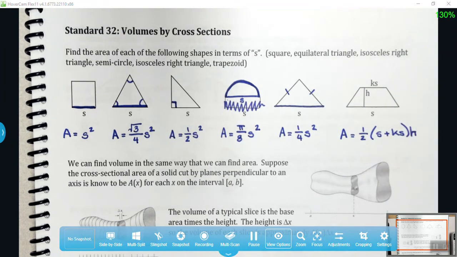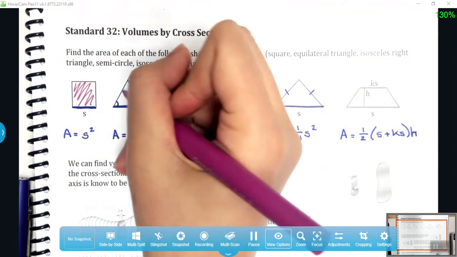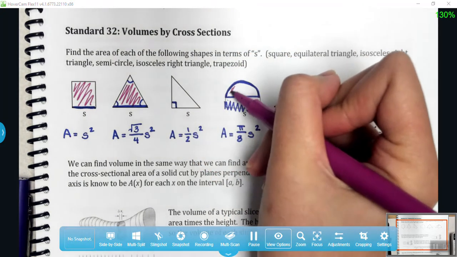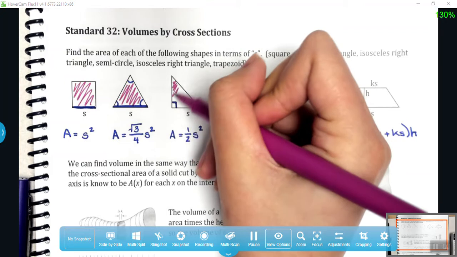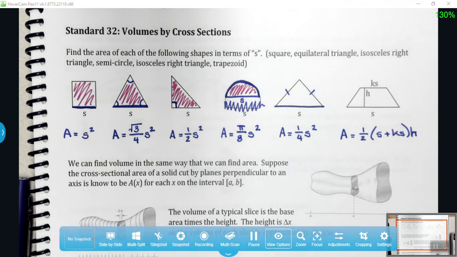But the most common ones that you'll have to memorize are the square, the equilateral triangle, the semicircle, and the right triangle with a leg on the base. Okay, got it? All right, now we're gonna do volumes.